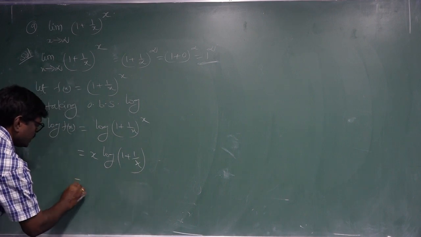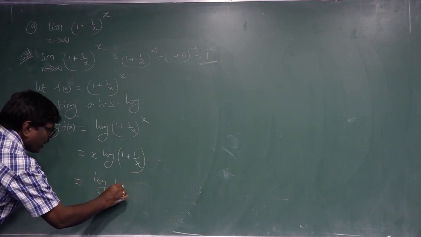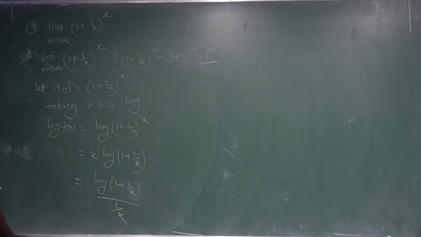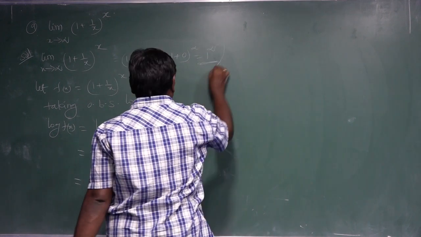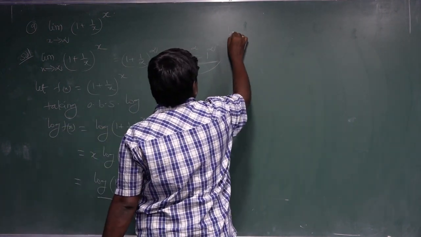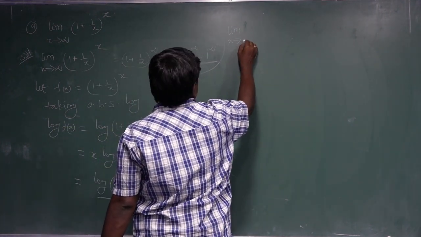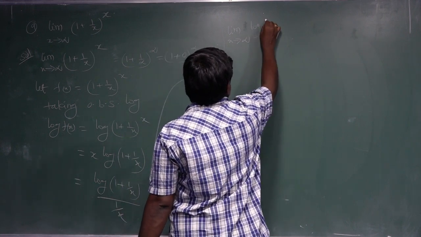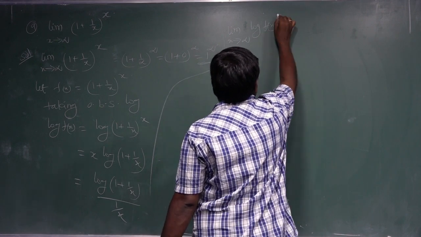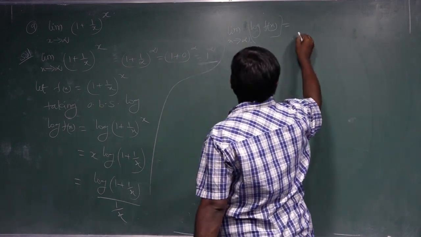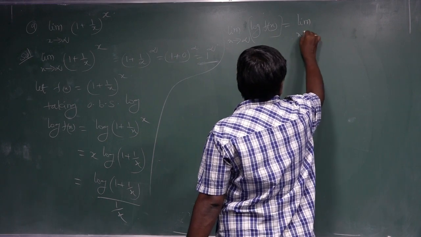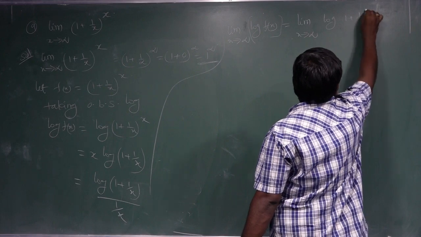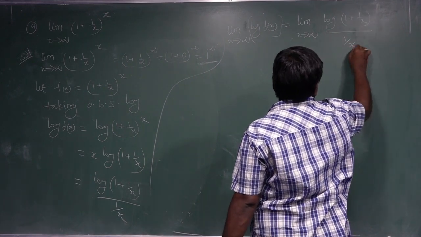This is log of (1 plus 1 by x) by 1 by x. Taking limits as x tends to infinity, limit of log of f of x equal to limit as x tends to infinity of log of (1 plus 1 by x) by 1 by x.